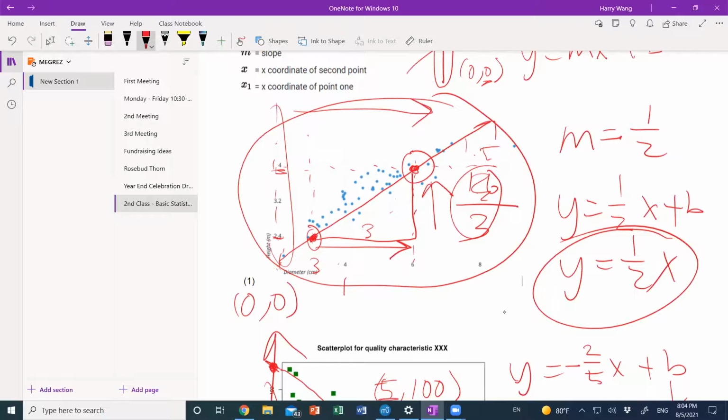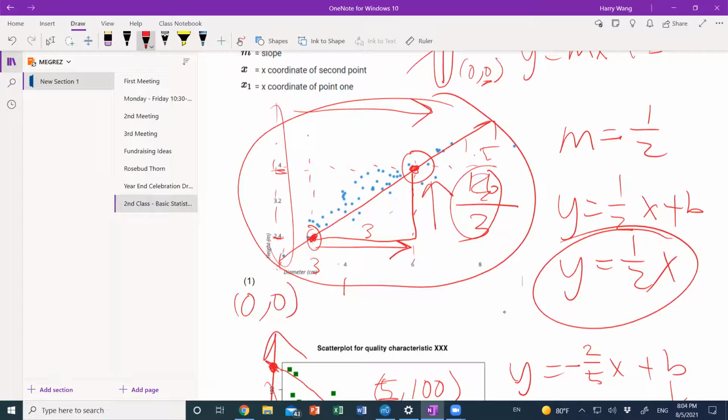Sometimes you might notice that in a scatter plot the points have a trend, you know, they kind of follow a line. For any scatter plot that looks like that, you should be able to eyeball it. As long as the points look like they follow a straight line, you can write a line of best fit for it.